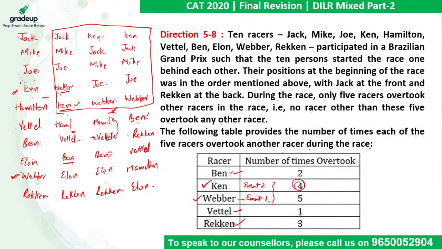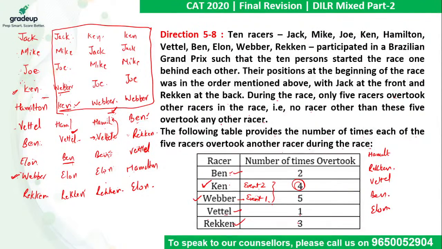After this, if Raikkonen also overtakes, once Vettel and Hamilton interchange their position, Raikkonen comes here. So there is a possibility that Raikkonen overtakes first. If that is event number one, Raikkonen will come here after Hamilton. I am going to write these people only here. Hamilton, then Raikkonen, then Vettel, then Ben, and then Eon.